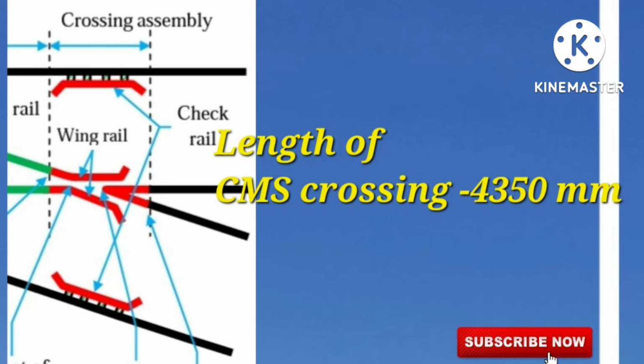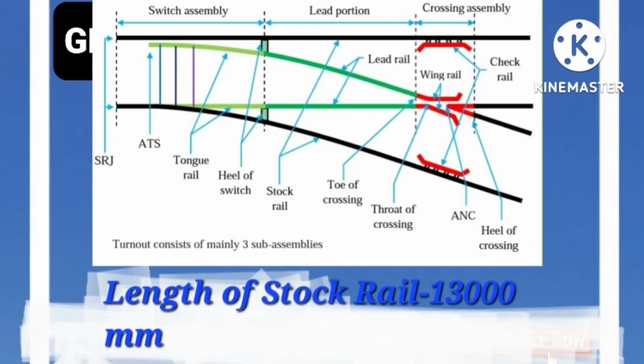Length of CMS crossing: 4,350 mm. Length of stock rail: 13,000 mm.